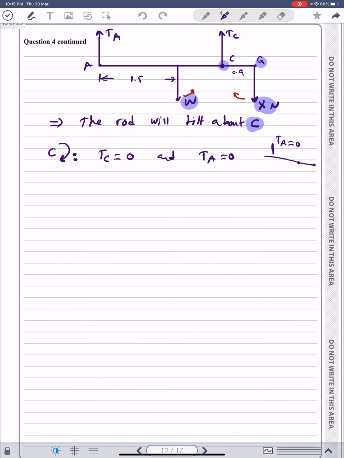So X is the clockwise one, equals the moment anti-clockwise. X newtons is far from C, 0.9 meters. The other one is W, which is 490. From here to here is 2.1, leaving the distance here 0.6 for the 490 here.